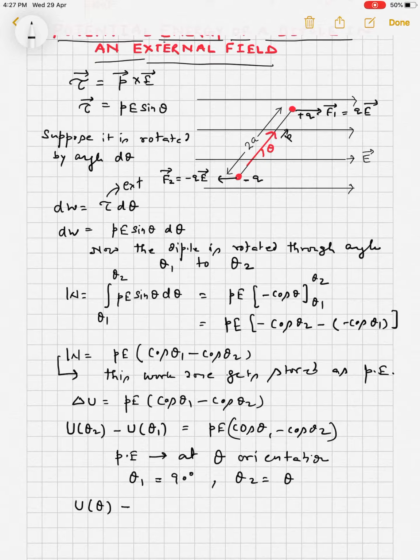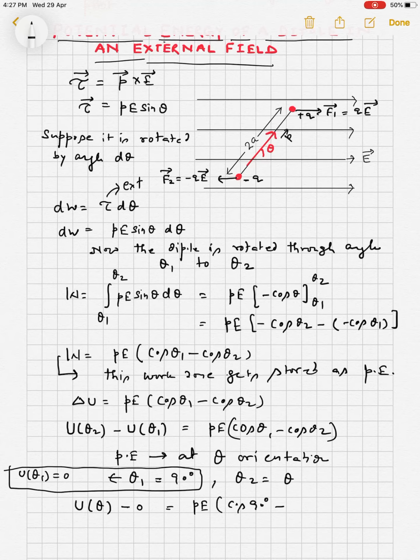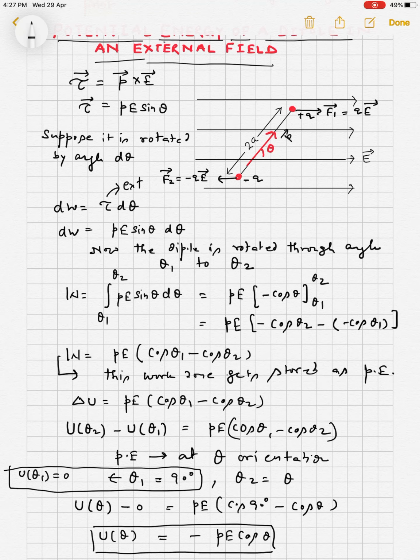So this will be 0. At this theta 1, potential energy will be 0. This is an important point. So U theta minus 0 is equal to PE into cos 90 degrees minus cos theta. Cos 90 is 0. So U theta is equal to minus PE cos theta. This is the formula for the potential energy at an orientation theta.